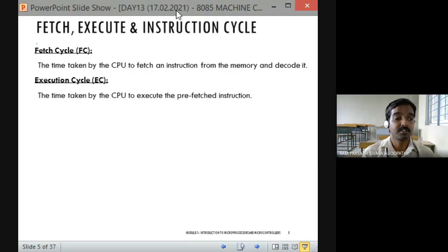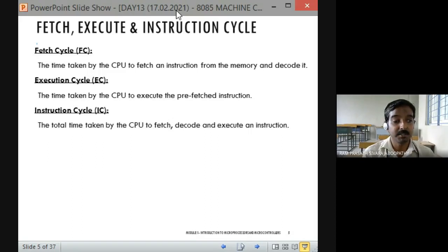The time taken by the CPU to execute the prefetched instruction, that we call the execution cycle. The combination of fetch cycle and execution cycle, we call the instruction cycle. That means the time taken by the CPU to fetch, decode and execute an instruction. This entire duration we call the instruction cycle.